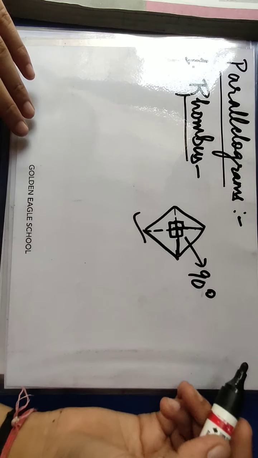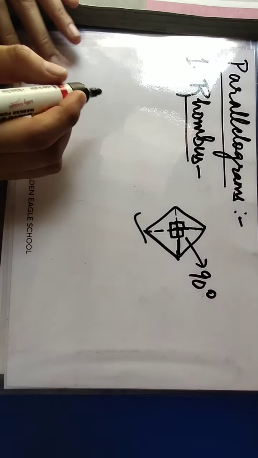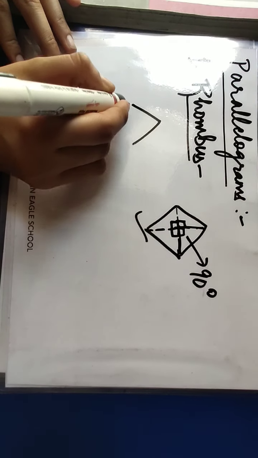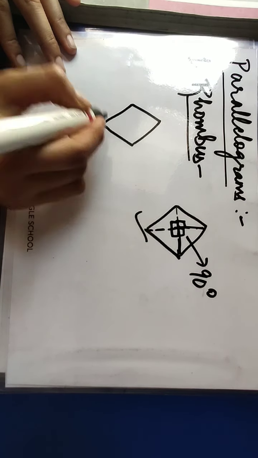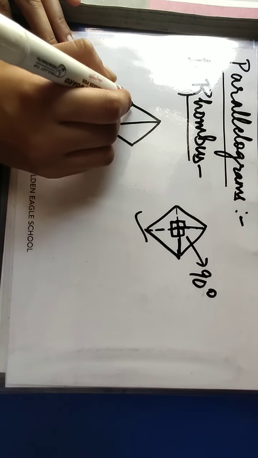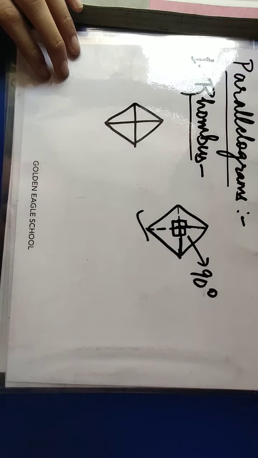It is given that this is a rhombus, and these are the diagonals.